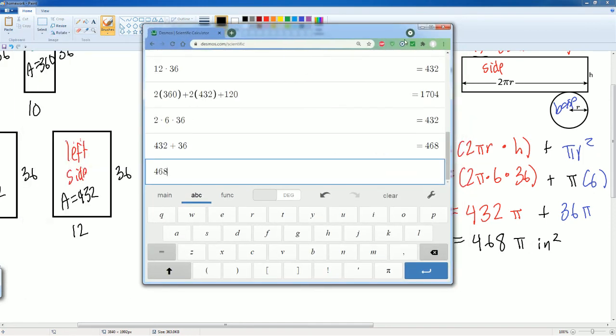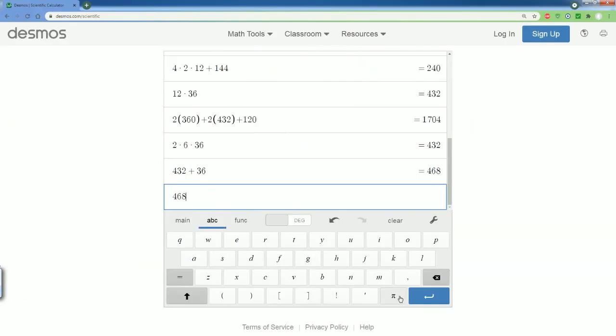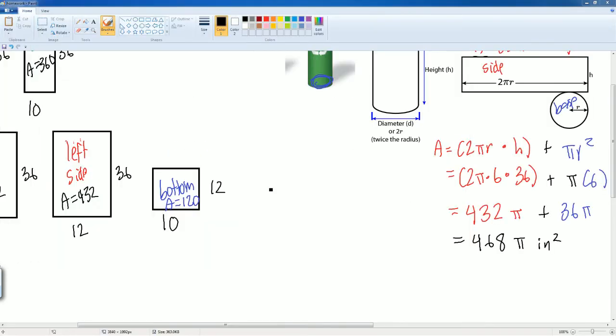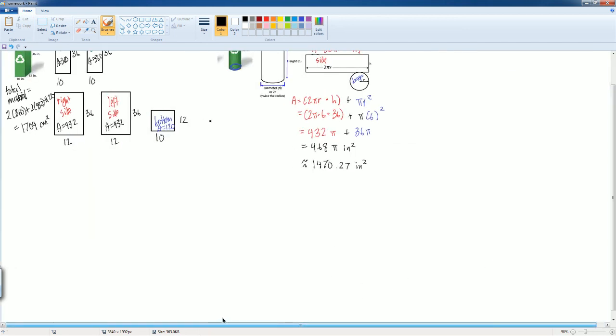In the calculator, make sure you're hitting the pi symbol. Don't just put 3.14. Put in the whole value. It's approximately 1470.27 inches squared.